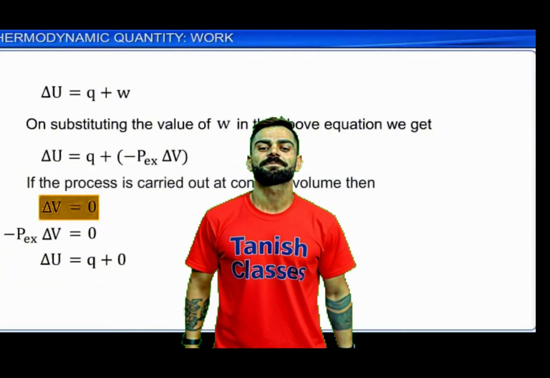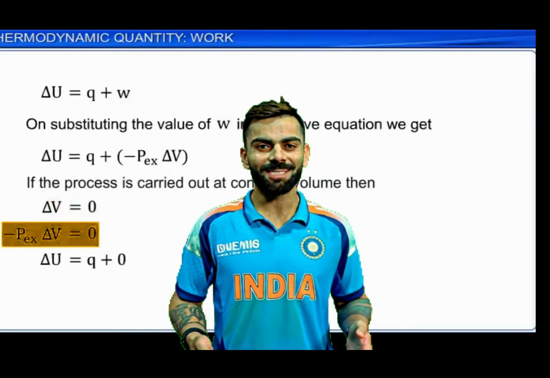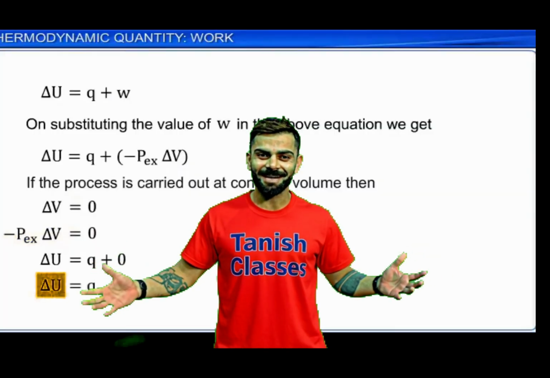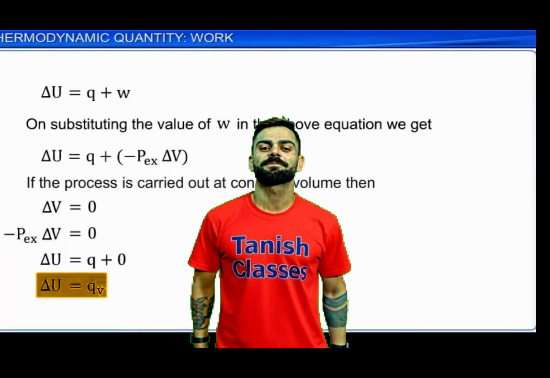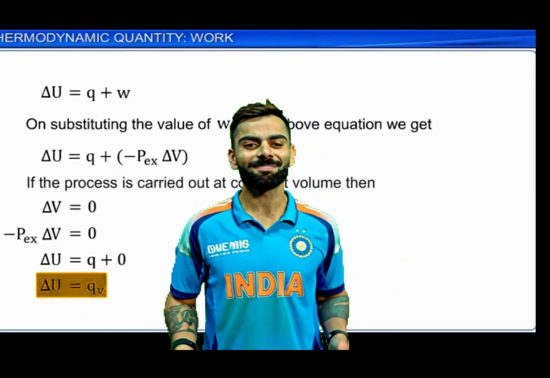Therefore, work done is also 0. Hence, at constant volume, delta U equals QV, where QV is heat supplied at constant volume.